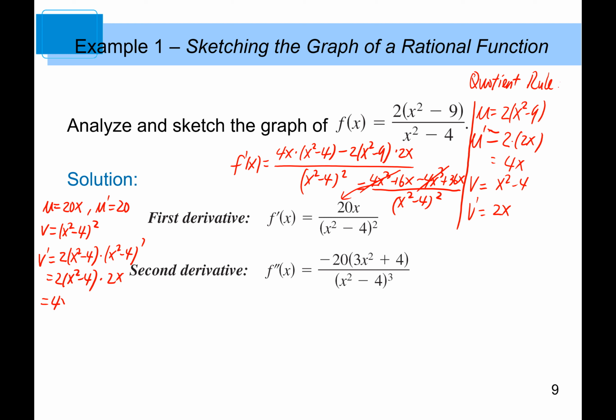So that turned out to be 4x times (x squared minus 4), so that is 4x cubed minus 16x.